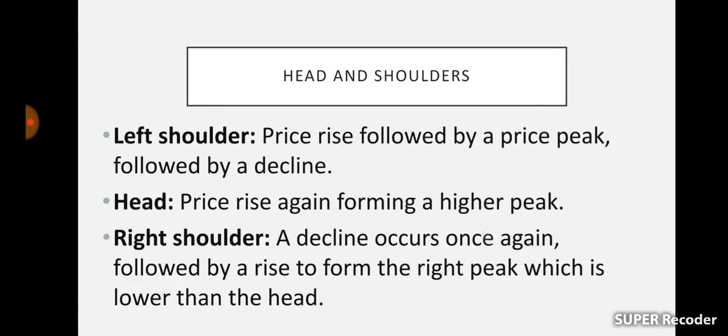Left shoulder means a price rise followed by a price peak followed by a decline. Head means the price rises again forming a higher peak. Right shoulder means a decline occurs once again followed by a rise to form the right peak, which is lower than the head.